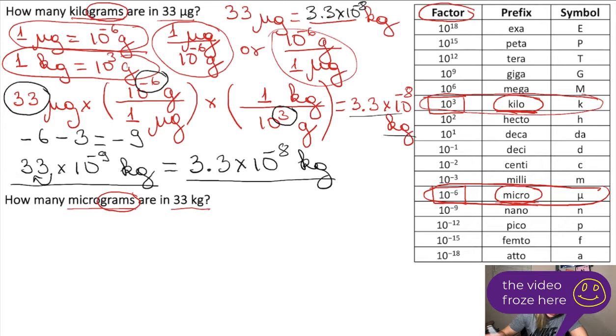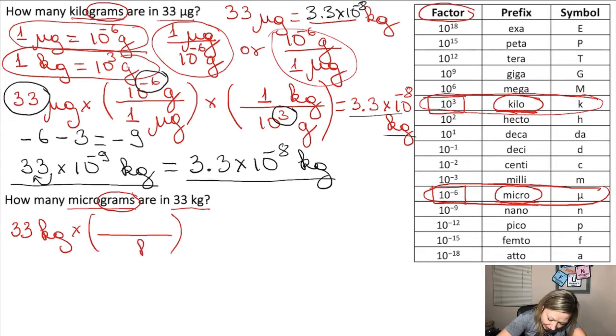So let's start with 33 kilograms. I want to cancel out my kilograms and get to grams first. So where will my kilograms go in my first fraction? On the bottom or on the top? On the bottom, right? So kilograms go on the bottom.